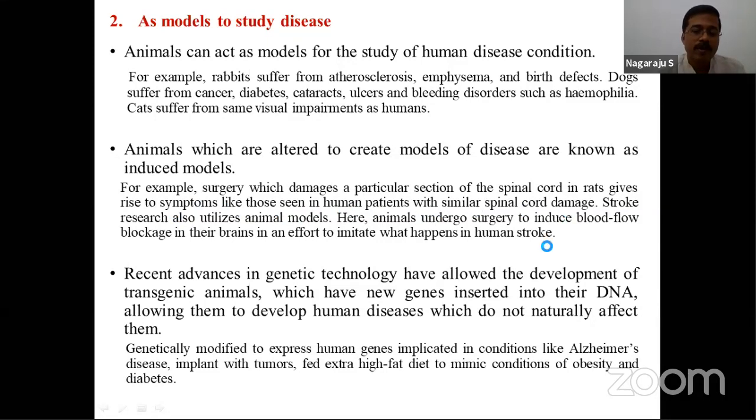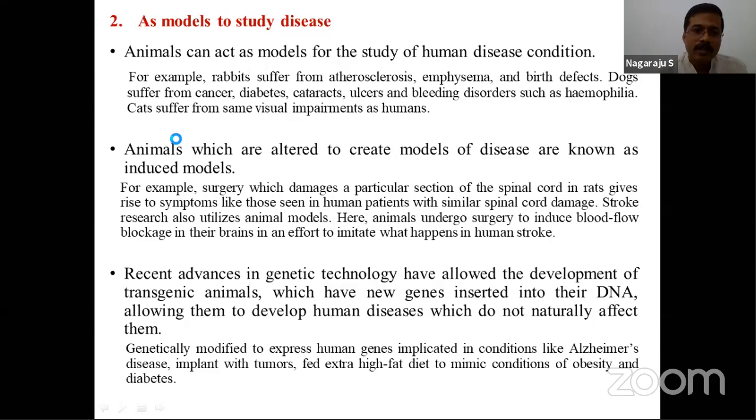So whatever we observe in spinal cord damage, I can induce a similar kind of damage in rats as well. If you are studying stroke, which is related to the central nervous system, we can also do a blockage of the brain in the animal models, and induce a similar kind of stroke, and we can study the response to different drugs which are going to relieve the strokes.